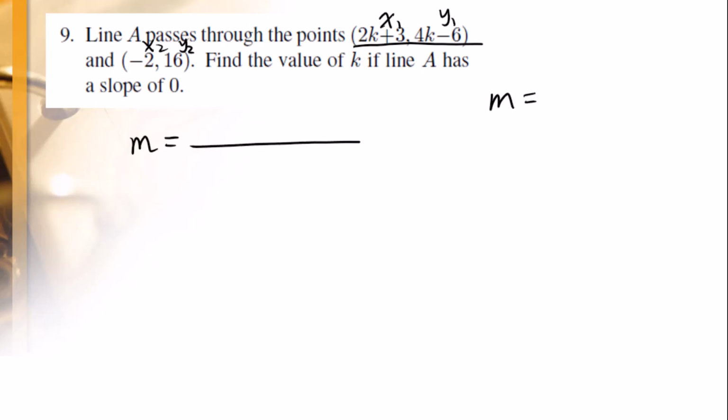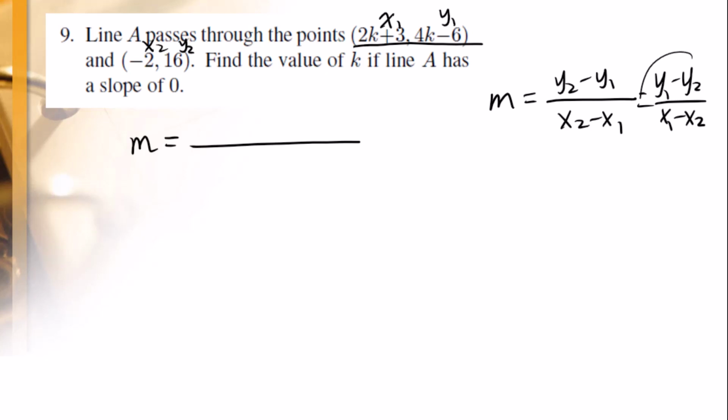We know the slope formula is (y2 minus y1) over (x2 minus x1). You can also write (y1 minus y2) over (x1 minus x2). It's the same. In this problem, we will use (y1 minus y2) over (x1 minus x2).